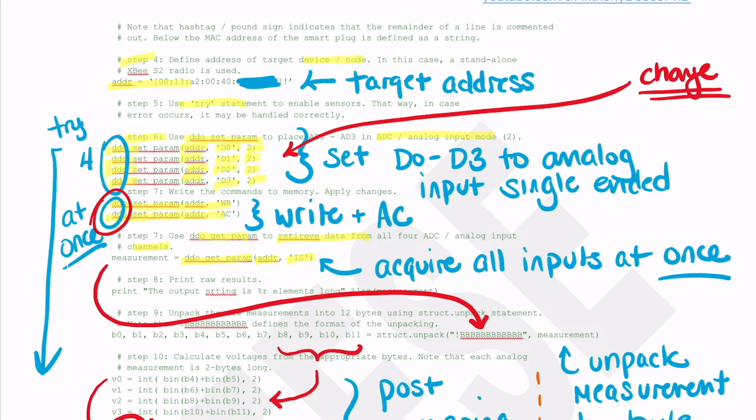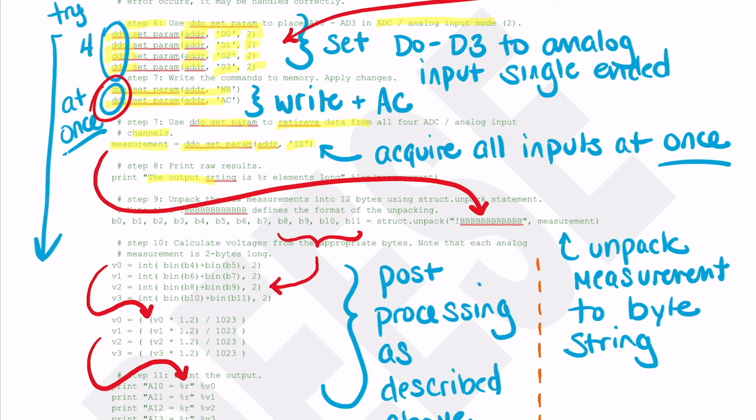And so IS is the ID, which acquires all the inputs at once and stores them as the string called measurement. We display that to the user real quick, and then you can see we are going to unpack it using that struct.unpack command we used previously.